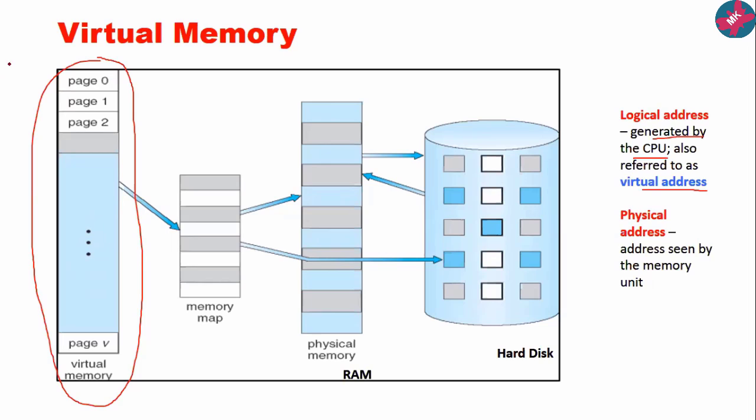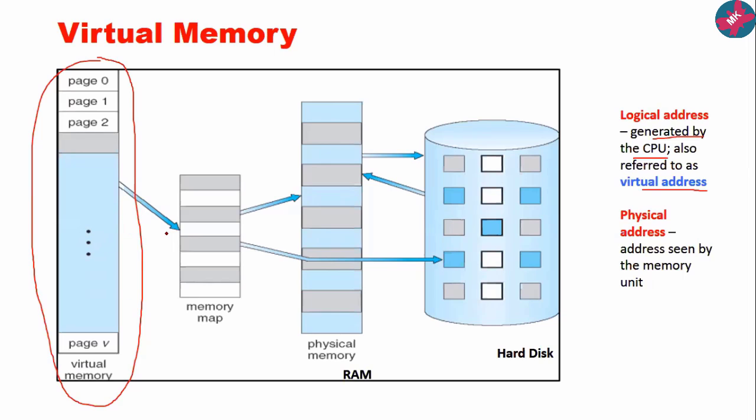And this virtual memory will be kept on the hard disk. And this virtual address will have to be translated to a physical address so that the contents of whatever we put in the virtual memory will be continuously put into the physical memory, or it could be removed.